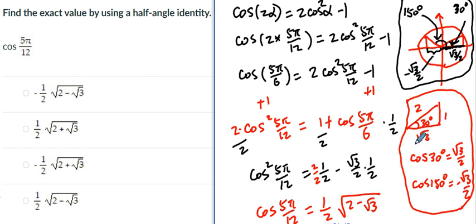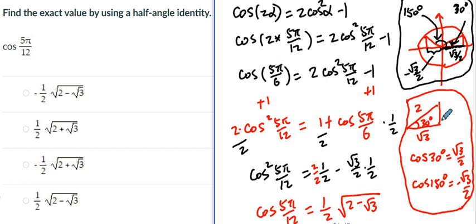Here are more details about how to remember that cosine 150 degrees is negative radical 3 over 2. Why is this number negative radical 3 over 2? Recall cosine 30 is radical 3 over 2, because here is 30 degrees, so this side is 1.